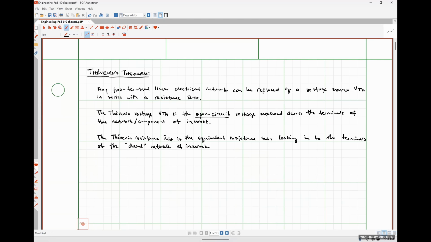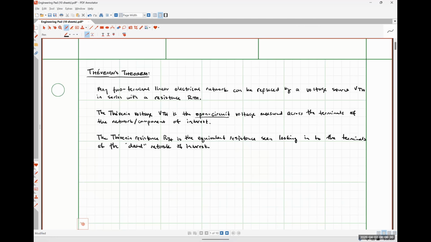So let me talk a little bit here about a live network and a dead network, okay? Whenever we are determining our Thevenin voltage, we are going to be using a live network. All that means is that all of our independent sources, be they voltage sources or current sources, need to be on.